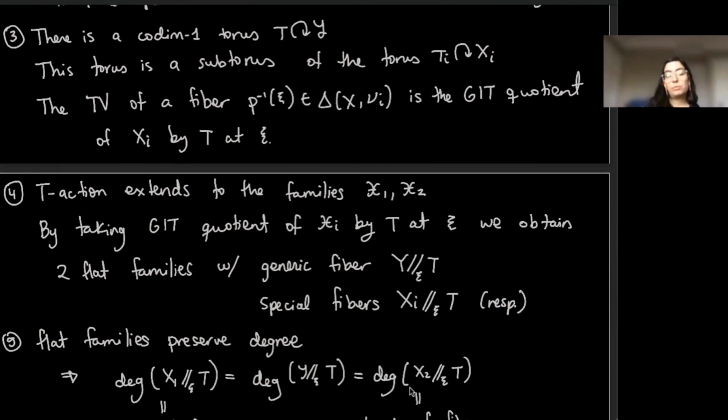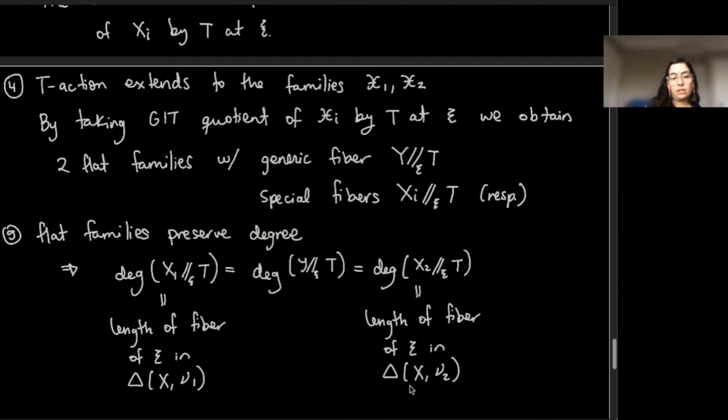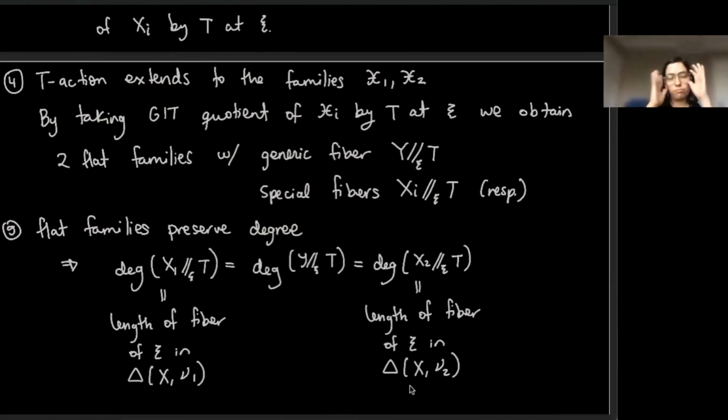Now, flat families preserve degrees. So we have this very beautiful sequence of equalities: the length of the first fiber is equal to the degree of this quotient, because this is the toric variety of this fiber.